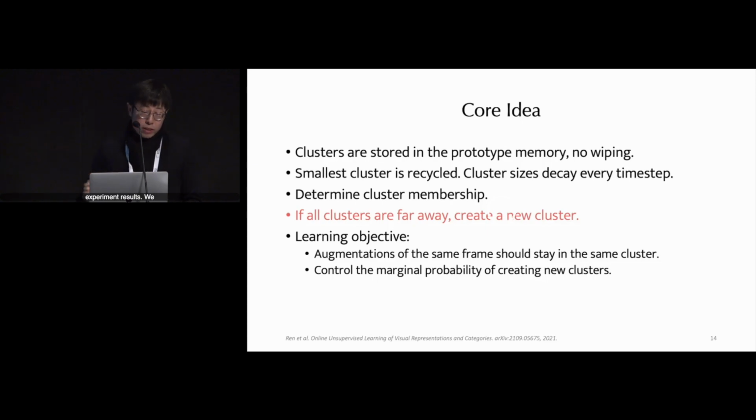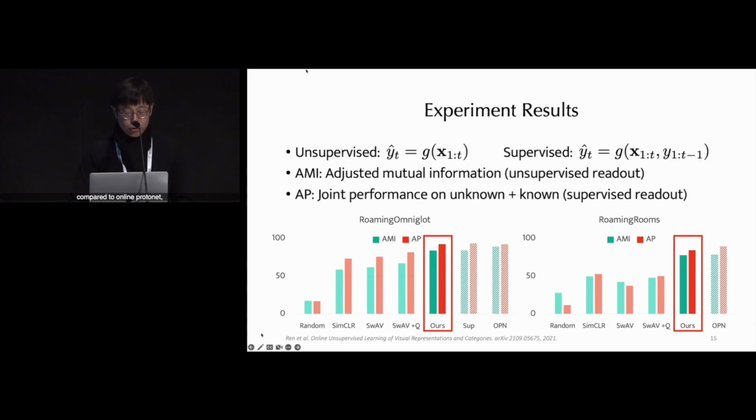And here are some experiment results. We tested both on unsupervised evaluation, where at test time we also don't give the model any label, and supervised evaluation, where at test time we give it labels and it does more supervised clustering. And what's interesting here, we're actually having a very close performance compared to online proto-nets, which are trained using supervised episodes.